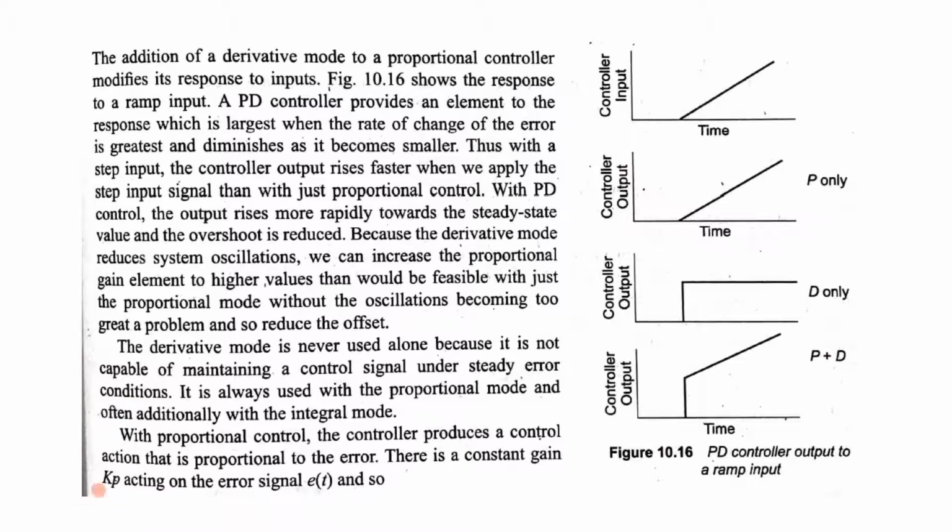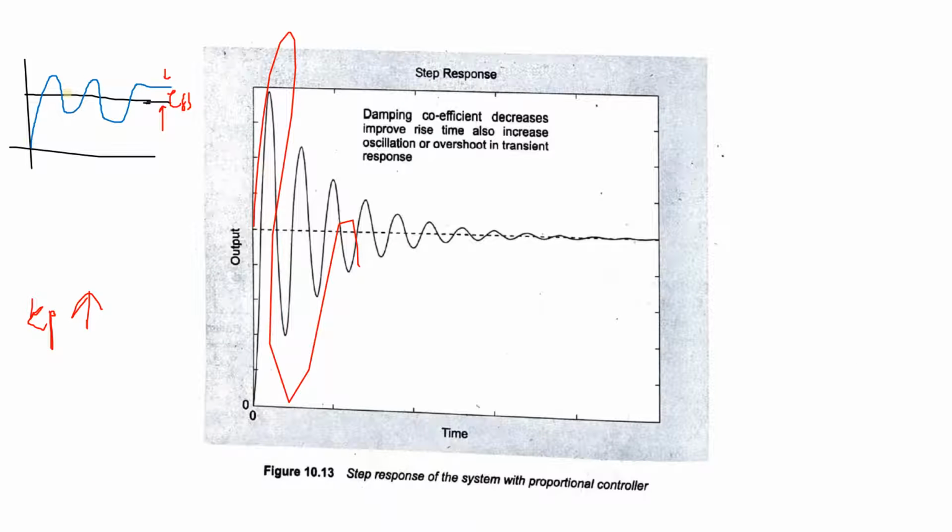That means suppose the error is like this. With the presence of error, if you are using a proportional controller, then it will try to neutralize the error, but the steepness will be very high.